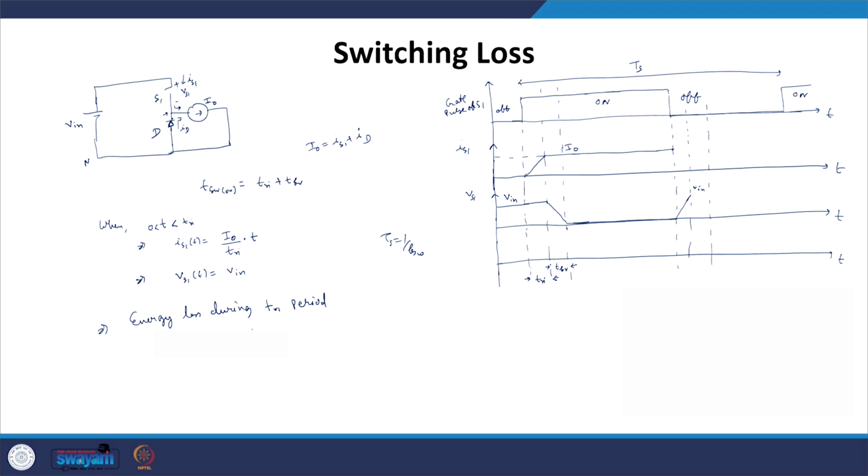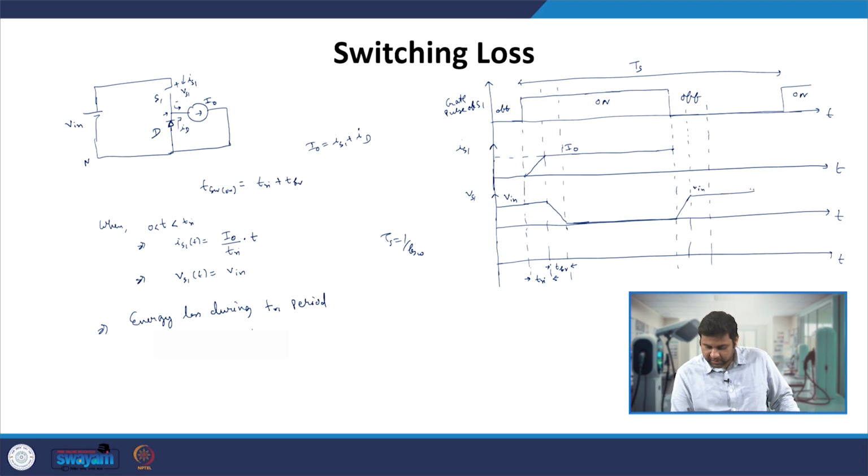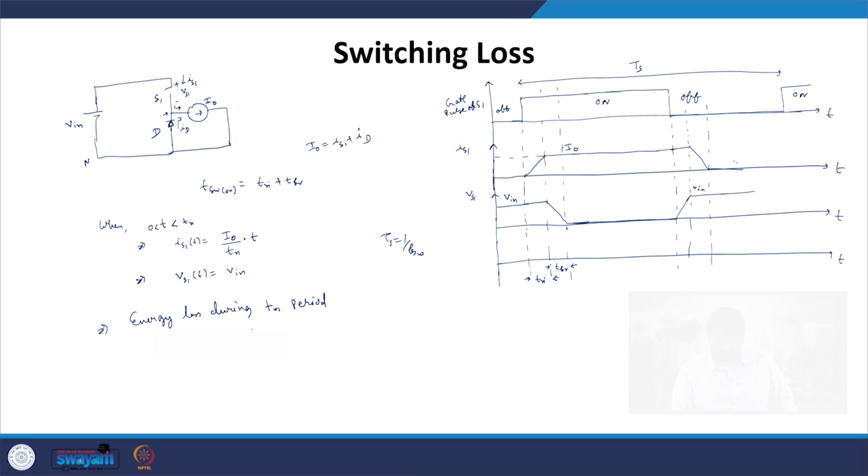Otherwise, if it is not Vin, there is some positive voltage across cathode to anode, the cathode is at higher voltage compared to anode, and the diode is reverse biased. Till that point the current stays with IS1, and after that it goes down to 0, and the current flows through ID1 in the diode.